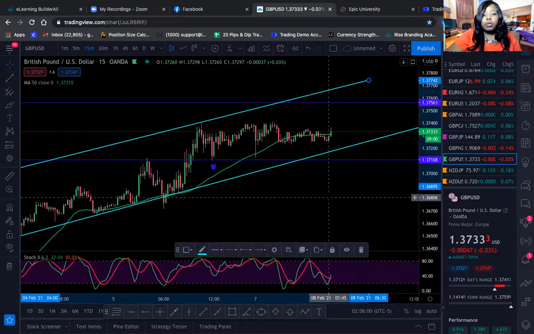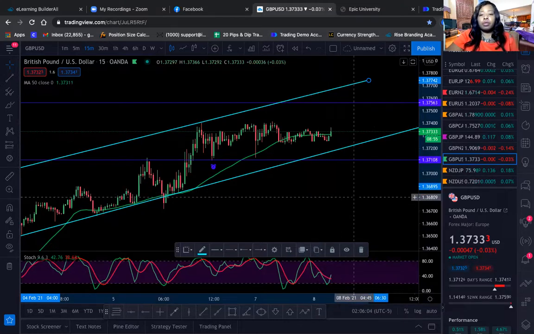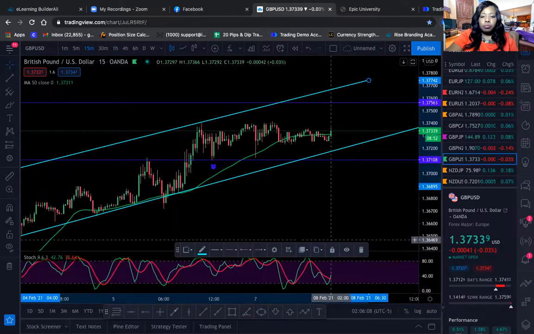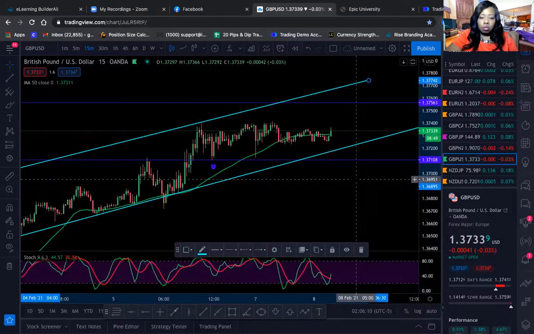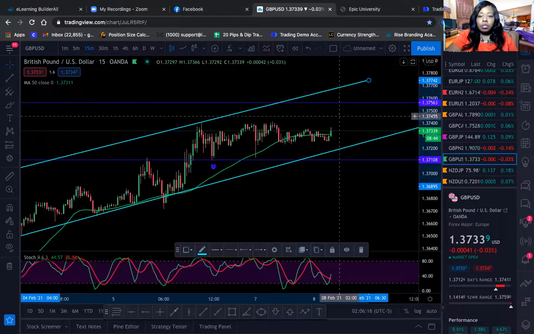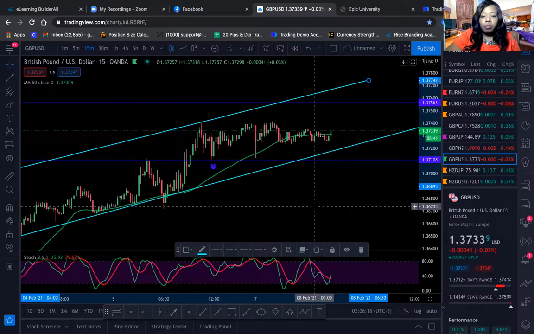So in the market, what we're going to look for are a few things, okay? We want price to bounce or touch one of these lines here to tell us when is a good time to get in, right?